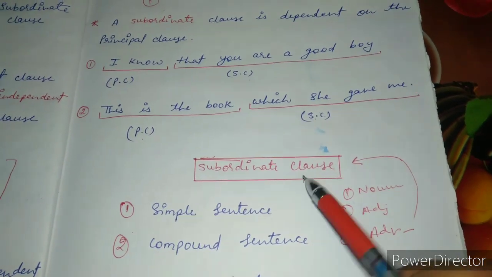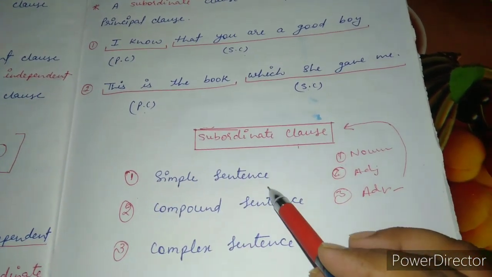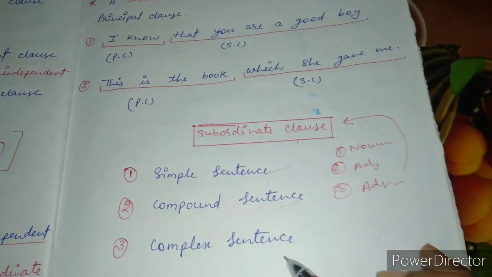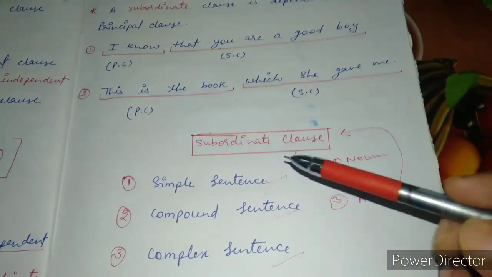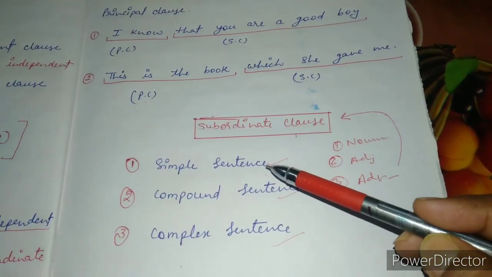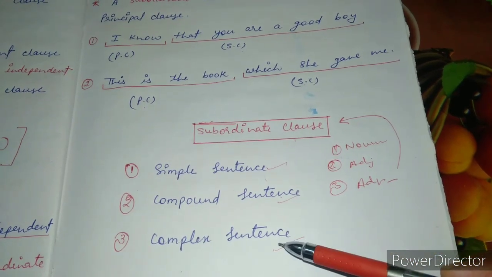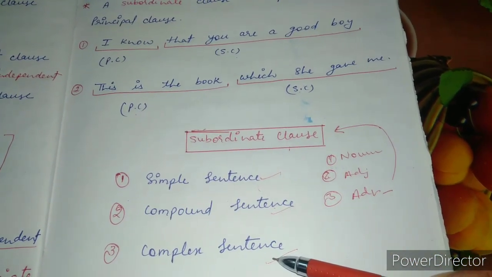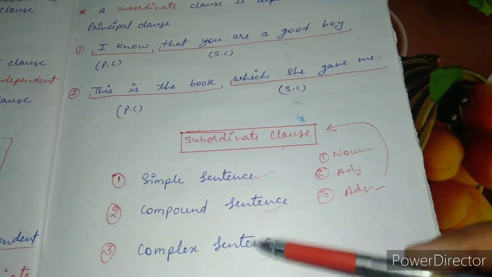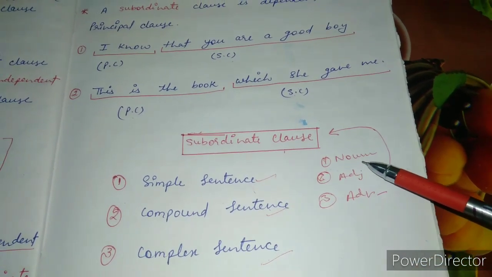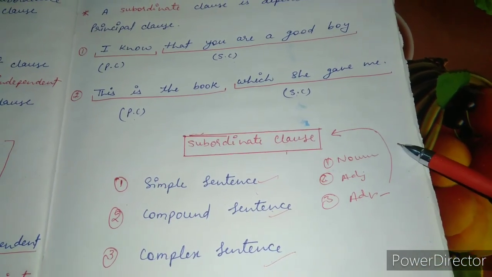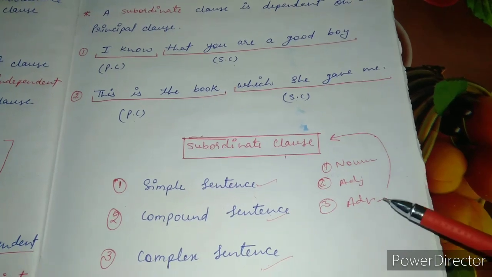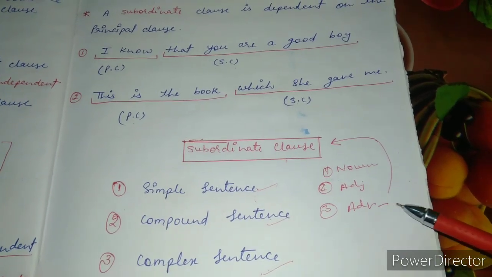So subordinate clause also has three types of sentences: simple sentence, compound sentence and complex sentence. We will discuss in the next video what simple sentence, compound sentence and complex sentence are in a more detailed way, so that I can take you straight to the topic of noun clause, adjective clause and adverb clause.